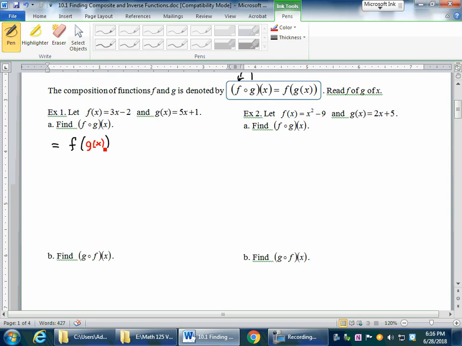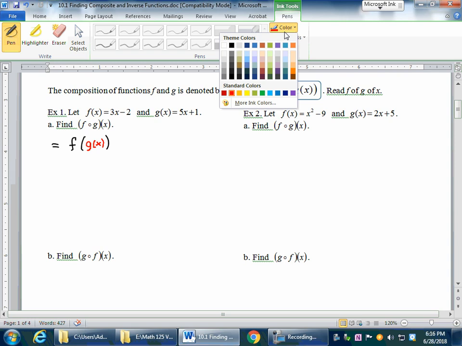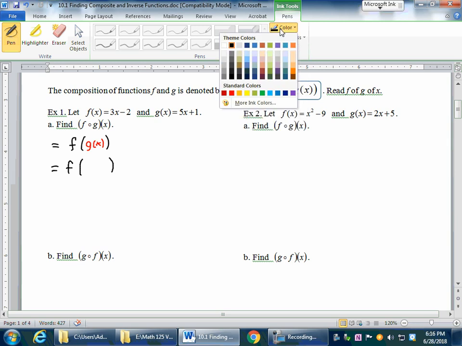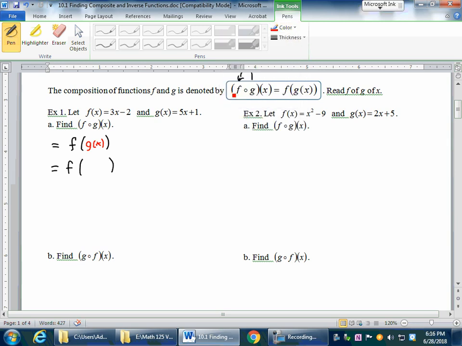We cannot substitute this g of x notation, so what we're going to do is replace this g of x notation with its formula, which in this case is 5x plus 1. And this kind of problem we did before in the functions section, right? Now we have the f function, where the input is 5x plus 1.